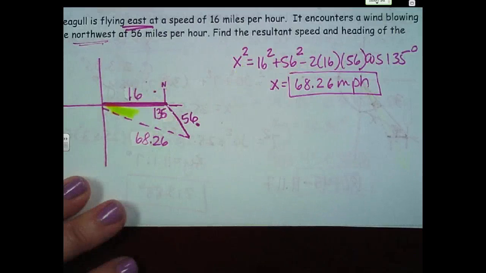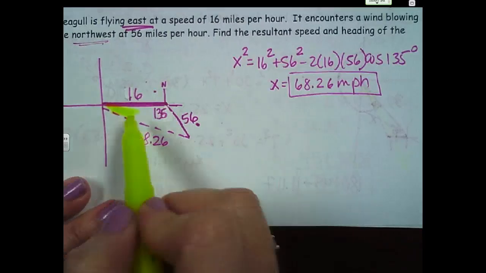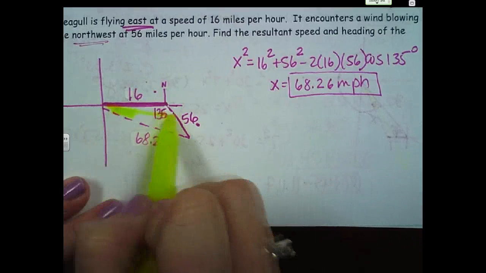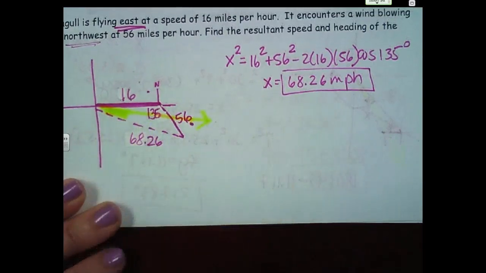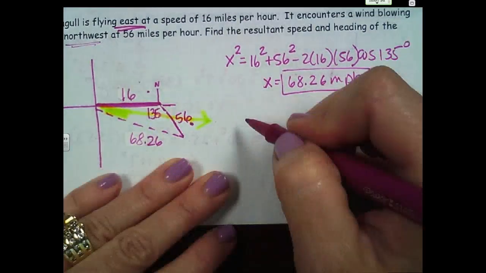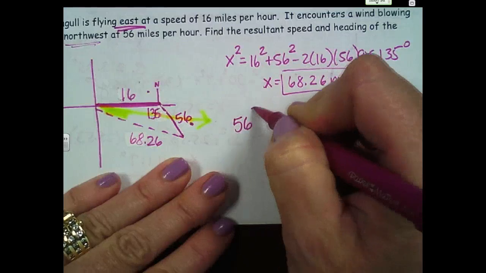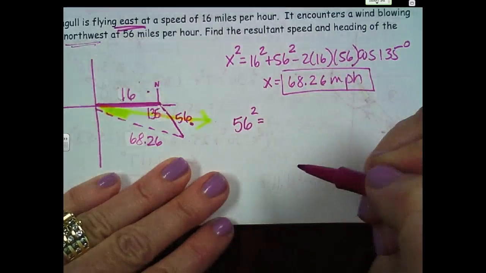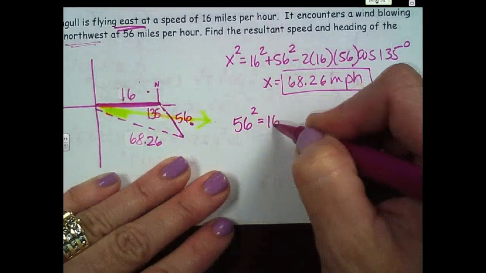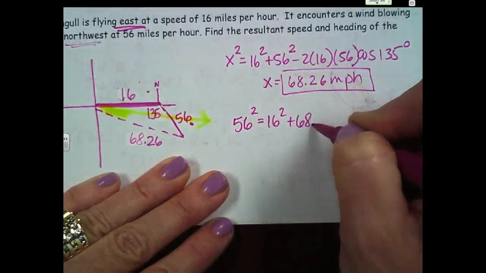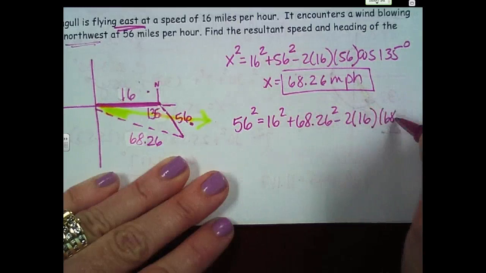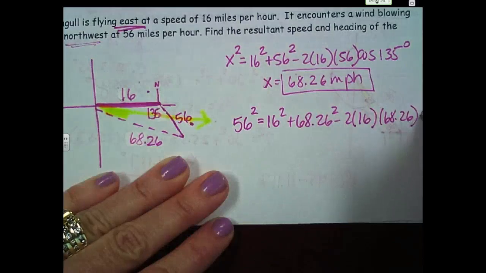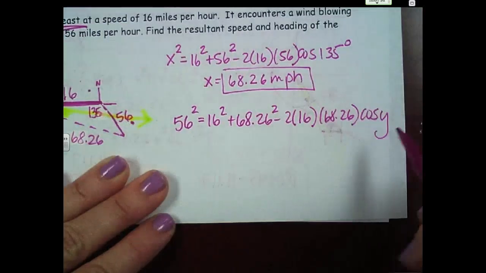Some of you are still having trouble setting it up. The angle that matches across the side, there you go. The angle matches the wind. It's always gonna match the wind. So then you've got 56 squared equals, okay, the other two sides are 16 squared plus your 68.26 squared. And cosine of your shaded angle.